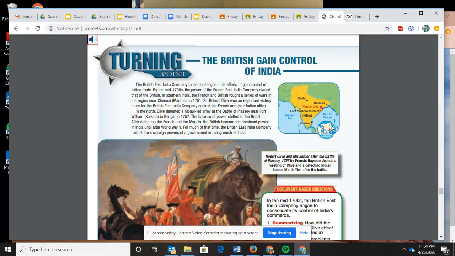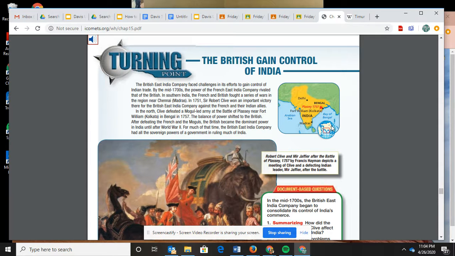We talked about the Sepoy revolts, where the British were tricking the Sepoy Indians into licking bullet cartridges that were laced with, I think it was, pork fat.